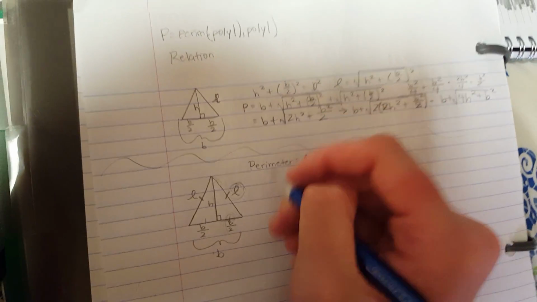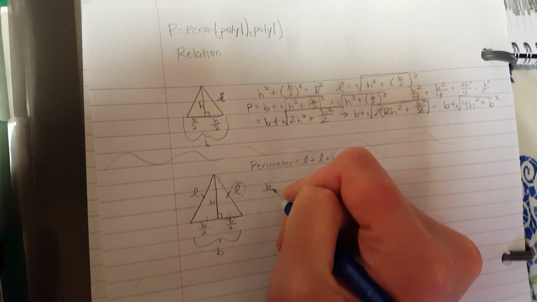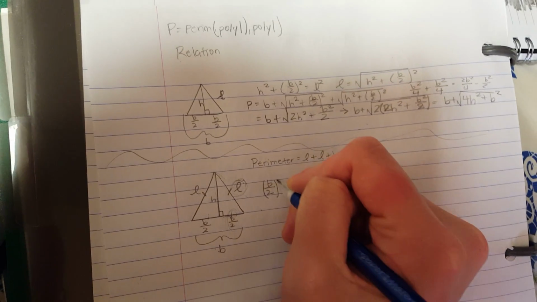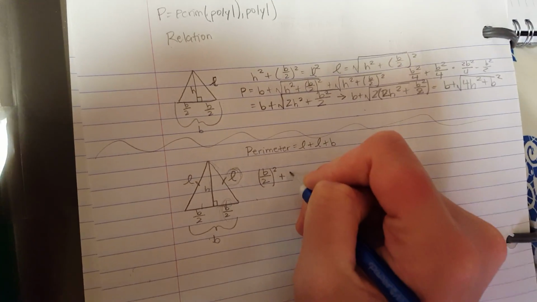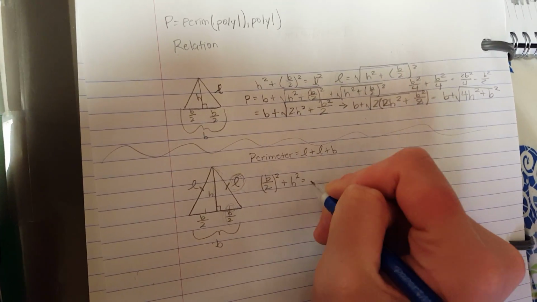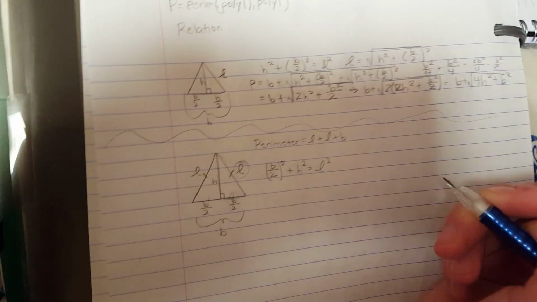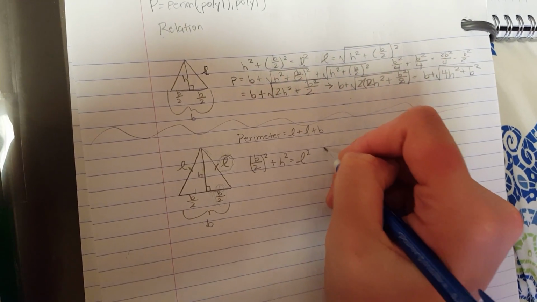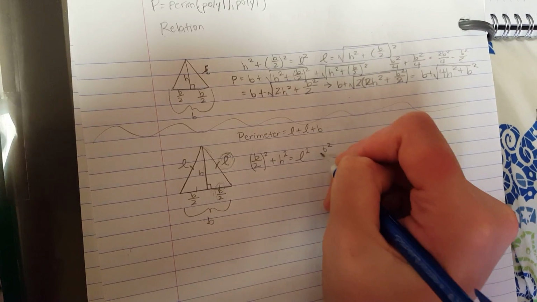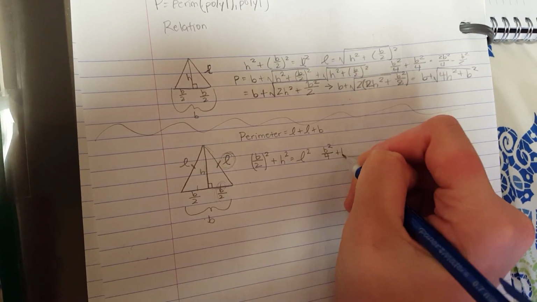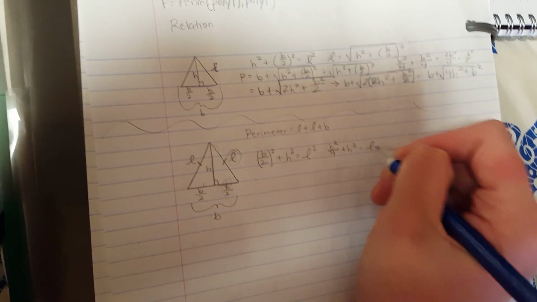So we have to do base divided by 2 to find this base part right here of just this triangle. So I'm going to do base divided by 2 squared plus h squared equals leg squared. When I simplify that, I get b squared over 4 plus h squared equals leg squared.